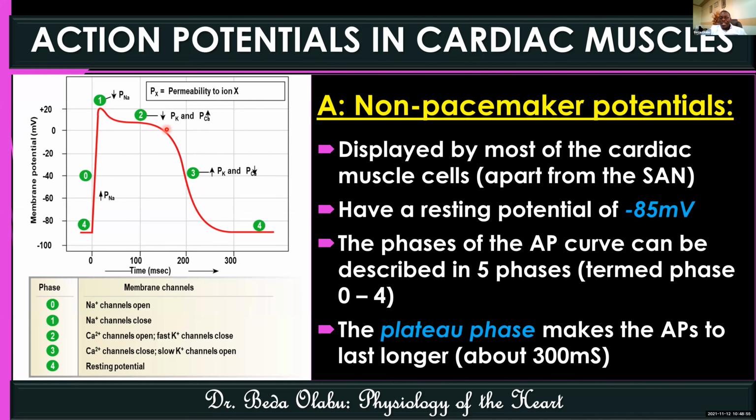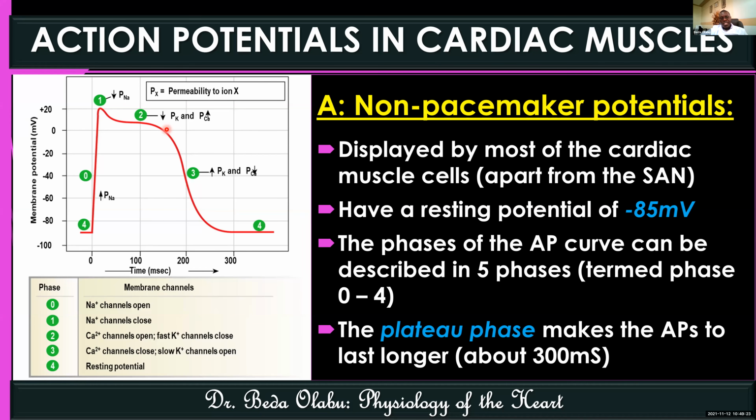Both atrial musculature as well as ventricular musculature have the plateau phase, although the duration and the gradient of the plateau phase may vary between atria and ventricles. The one I'm showing you right now is more of the one from a ventricle, but the same concepts will apply.